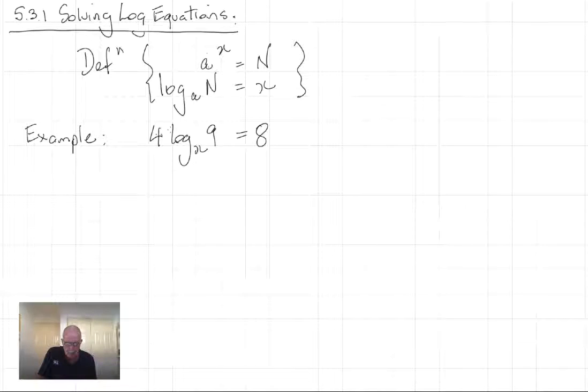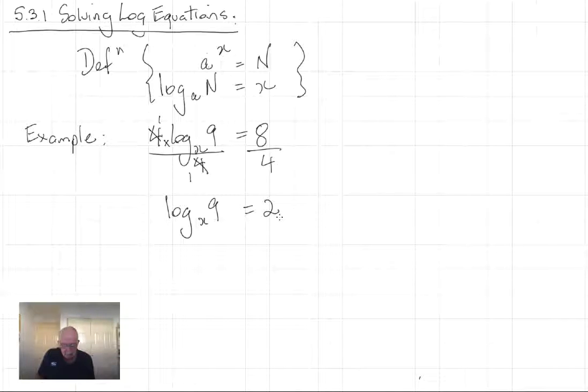So 4 will go to 8 and we can get rid of that. Don't forget that 4 is connected to the log by a multiplication, so we can cancel that down and we get 1, and anything over 1 is just whatever's up there. So we've got the log of 9 to base x equals 8 divided by 4, which is 2.